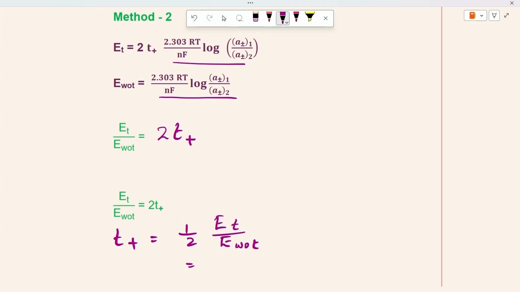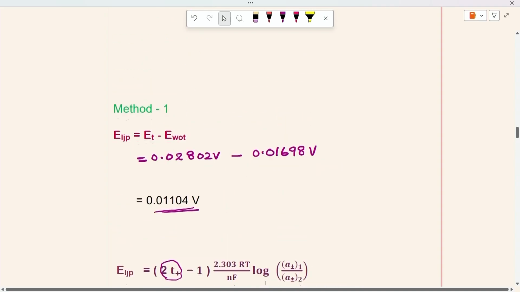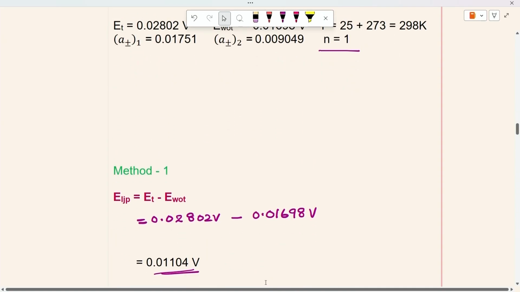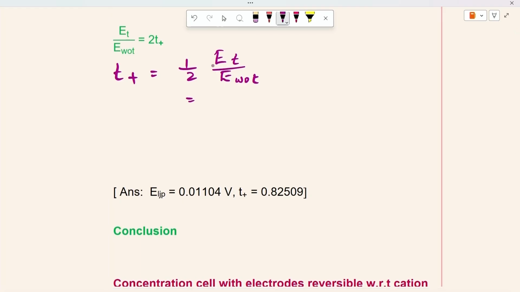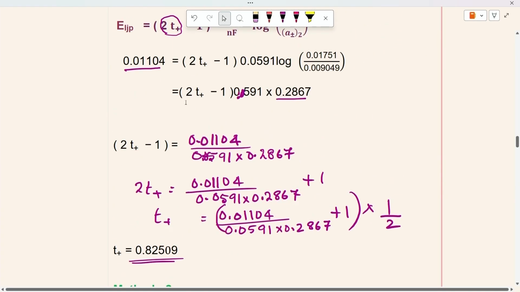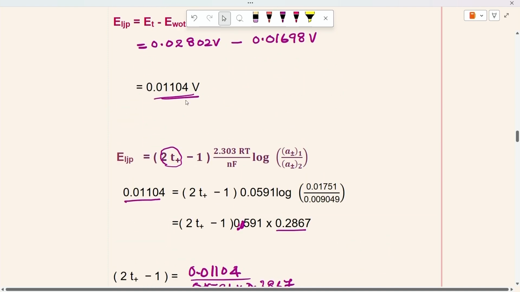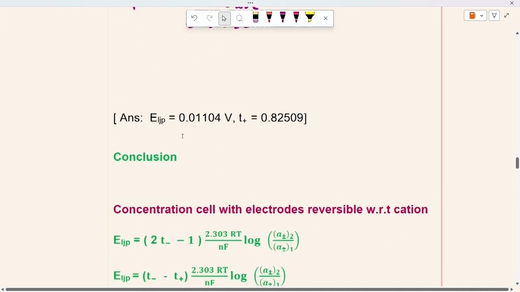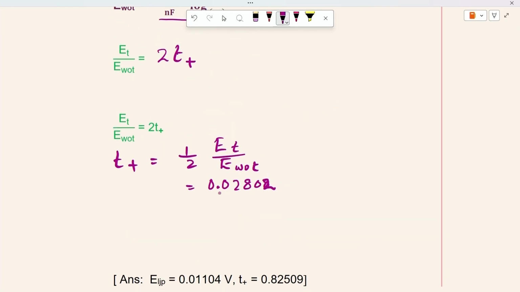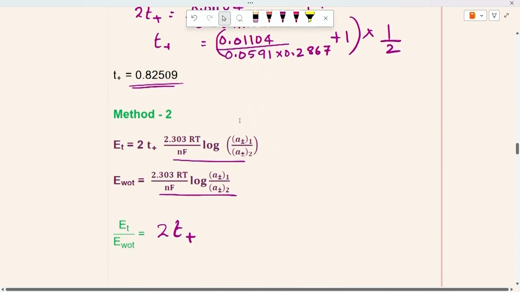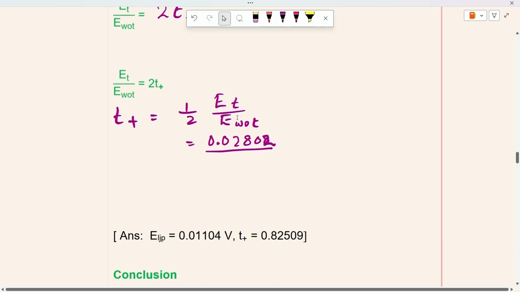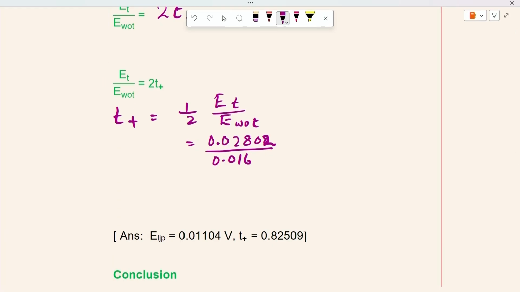The values are given, both the EMF values: 0.02802 divided by the other value, 0.01698, and in the denominator you will have a 2.